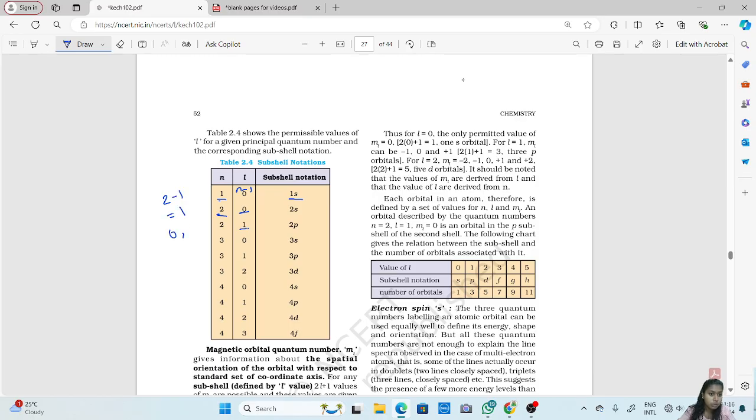So you will have 0 and 1, 2 subshells, right? So 2,0 and 2,1, which will be 2s and 2p, because 1 stands for p. Now 3 will have 0, 1 and 2, so it will be 3s, 3p, 3d. 4 will have 0, 1, 2 and 3, so 4s, 4p, 4d, 4f. Similarly, it will continue.